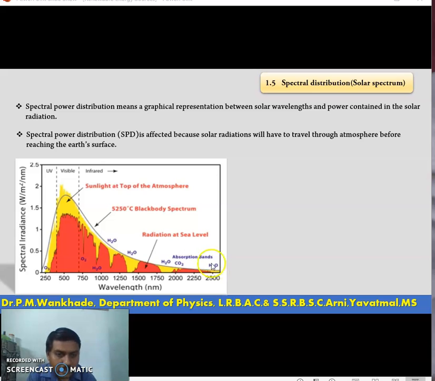There are absorption bands of CO2 and H2O in infrared radiation. We have already studied that one. CO2 and water vapor absorb the infrared radiation, as in the last slides. The spectral power distribution is affected because solar radiation has to travel through the atmosphere before reaching the Earth's surface.